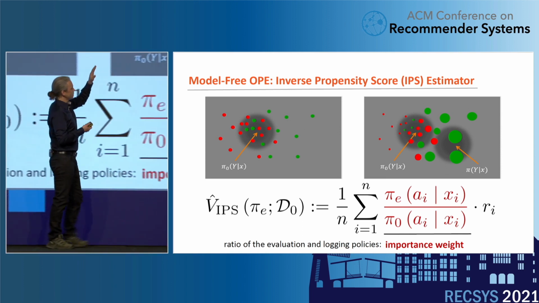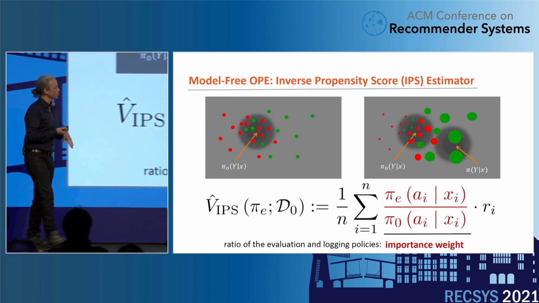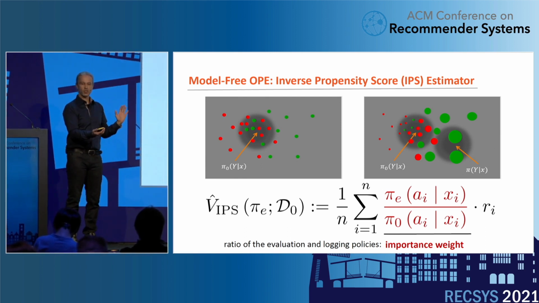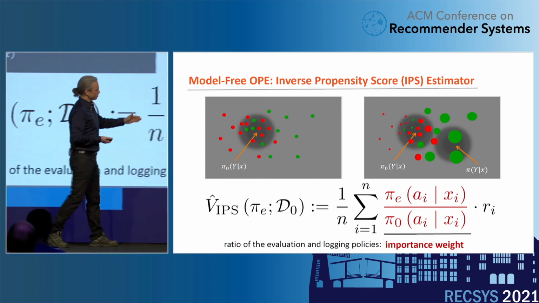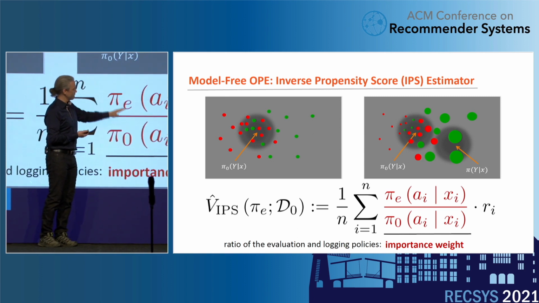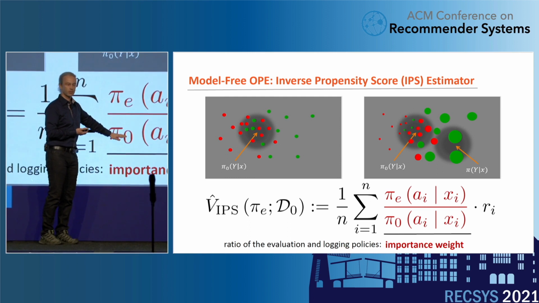What these model-free approaches, and in particular the inverse propensity score estimator, do is reweight the observations by using importance weights. It takes the probability under the new policy that we want to evaluate and divides by the probability of the old policy that generated the data.